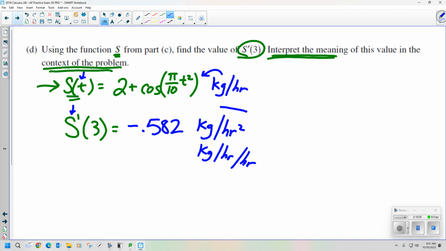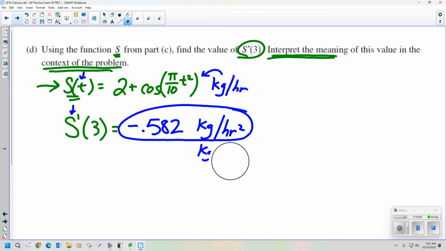Okay, we tend to write it more like this. All right? So it's my rate that's changing. It's not just the kilograms. I'm not going from kilograms to kilograms per hour. I'm taking my kilograms per hour, and that is changing. All right? So let's be specific.